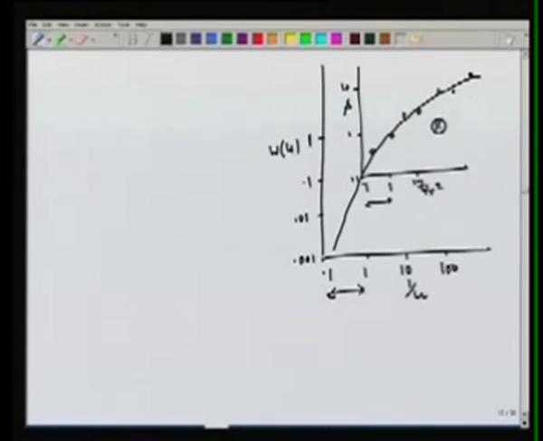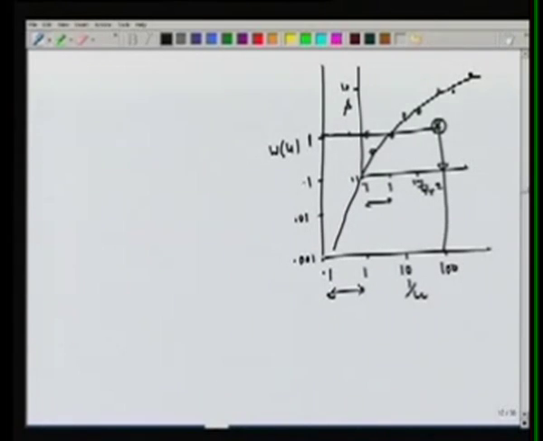After matching, we can choose any point on this graph, and we note down the coordinates for 1 over U, for W(U), for T over R square, and for S.